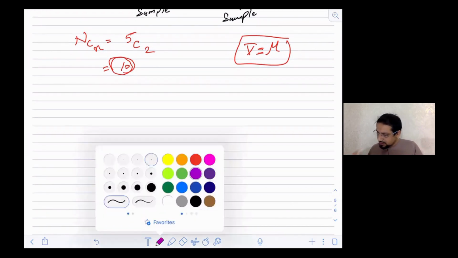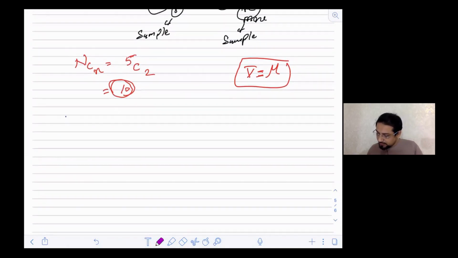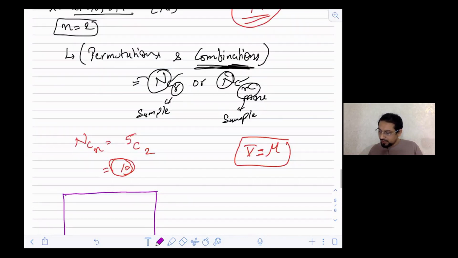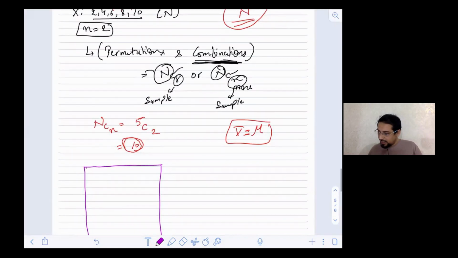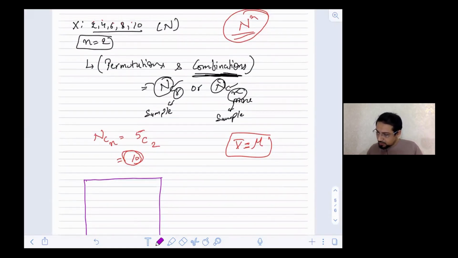So we have learned that 10 samples are possible, which means I'm going to find 10 means. Let me first do the sampling. Here I have 10 possible samples. Because I have to choose two, the first is 2, 4.